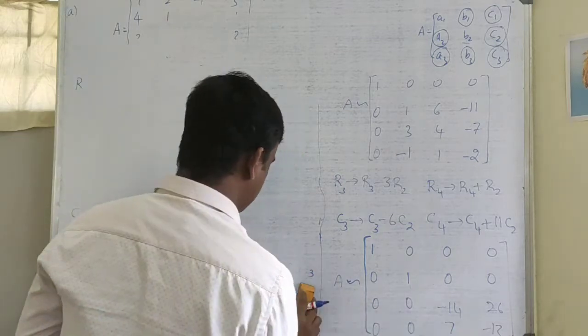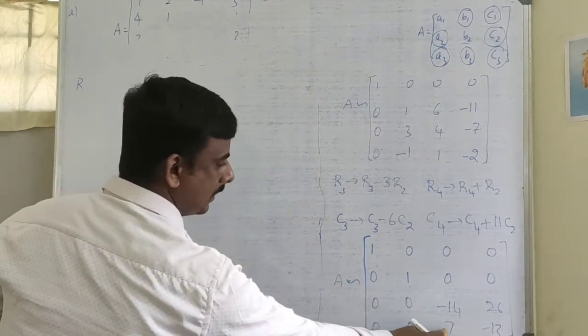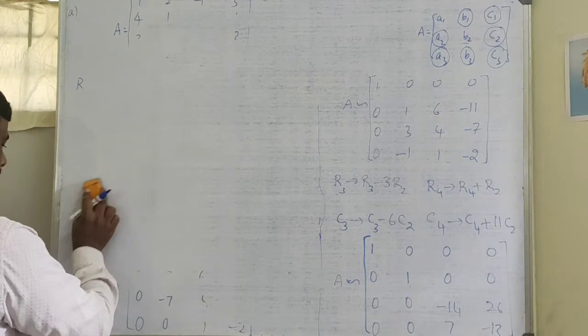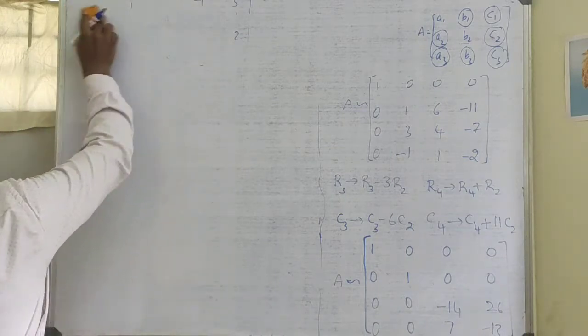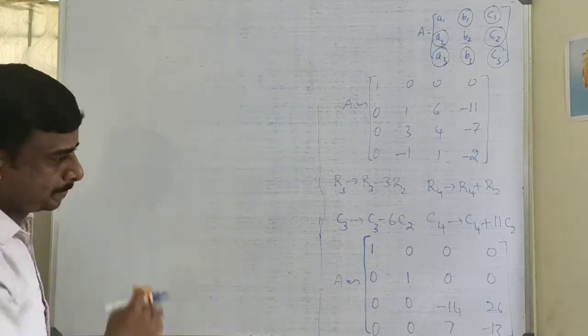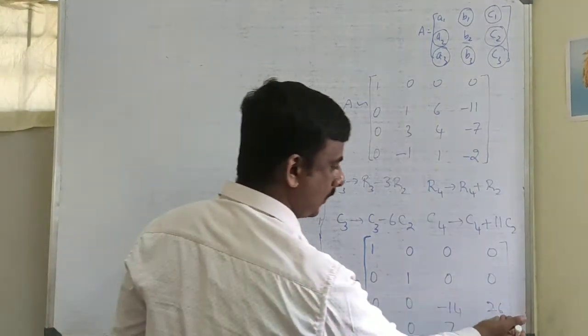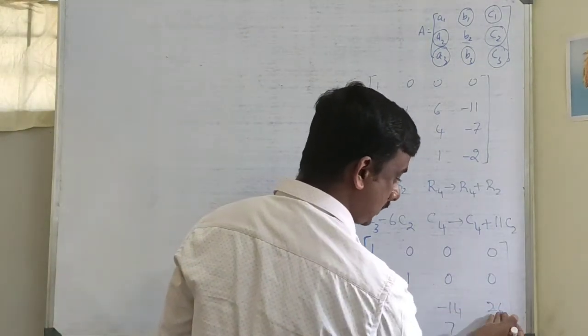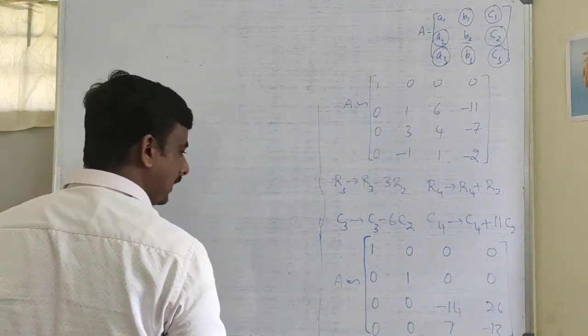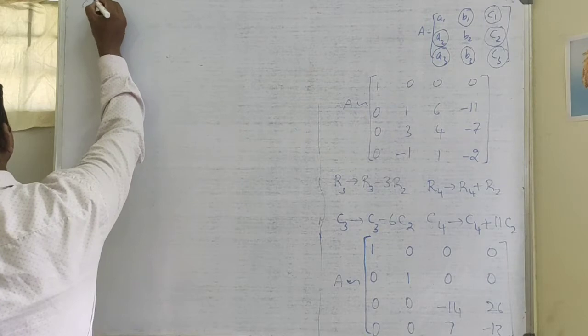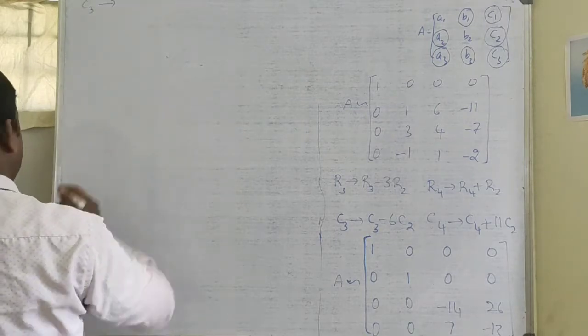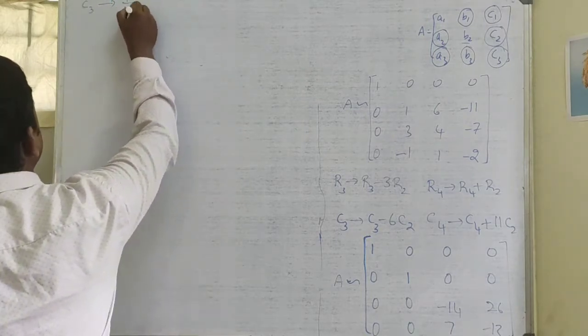Here I have 7, which is a divisor of 14. So instead of involving another row or column with this, I'll change C3 to 1 by 14 C3.